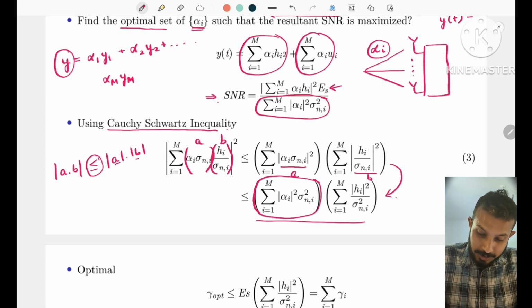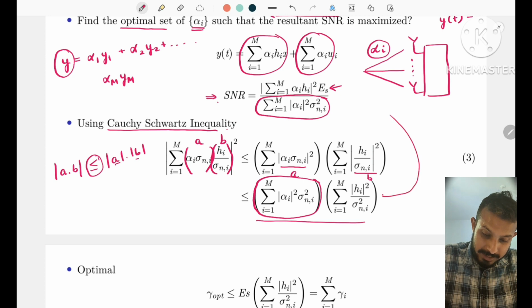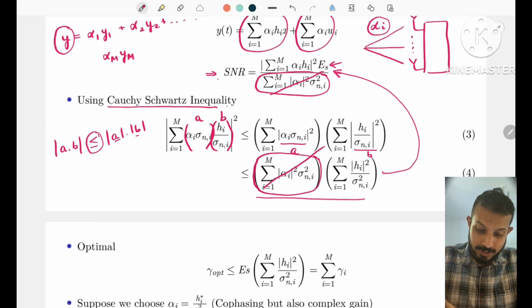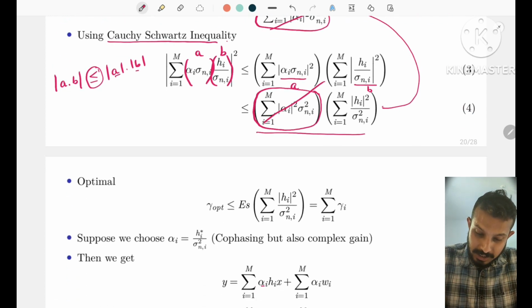So whenever you substitute this expression into the SNR numerator, this term and this term will get cancelled out with each other, and what you will get is the SNR is equal to summation over all the branches of mod hi square upon sigma square n comma i. So you will get this particular form.